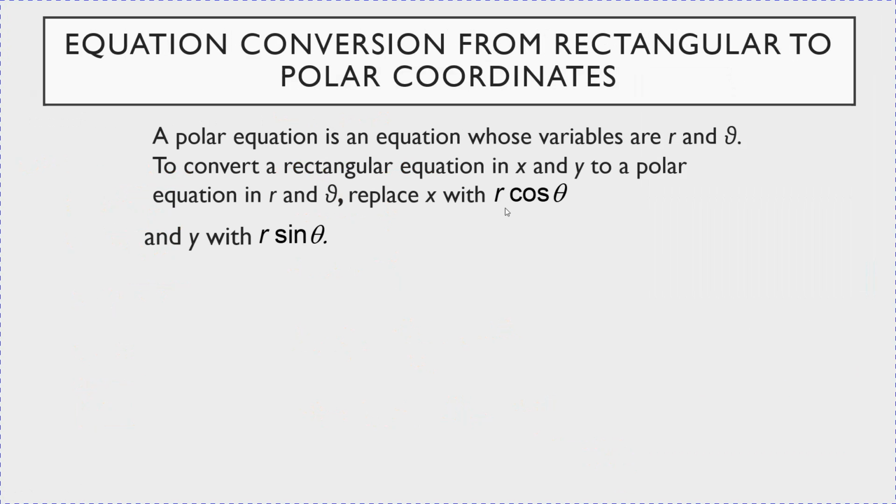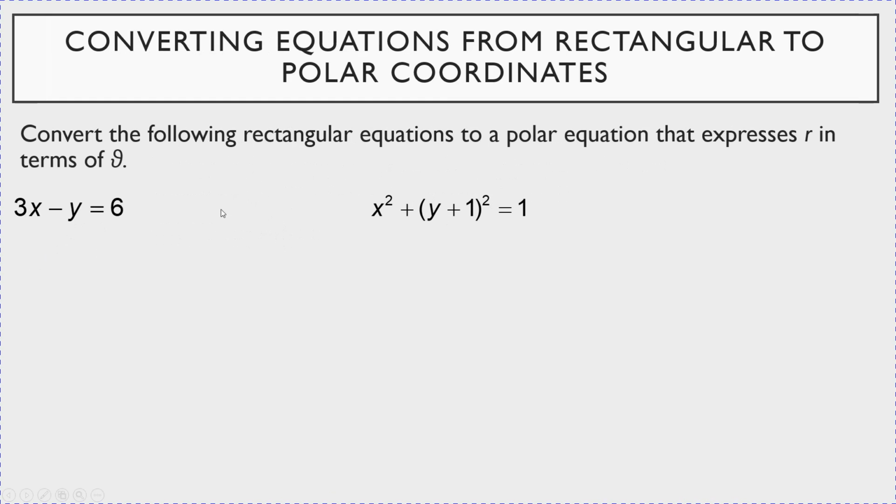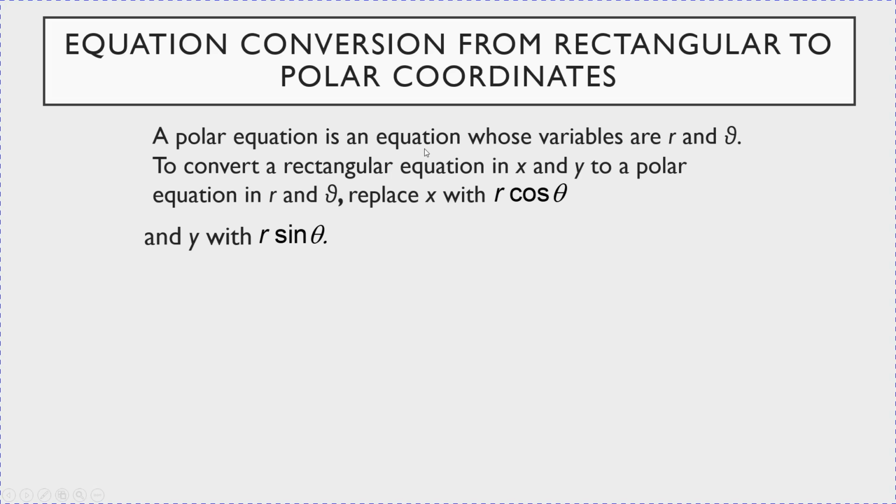Now let's talk about equation conversions here. Okay. So what we're gonna do here is equation conversion from rectangular to polar coordinates. So I'm gonna give you a rectangular equation like this, and I want to put it into a polar equation. So a polar equation is an equation whose variables are r and theta.